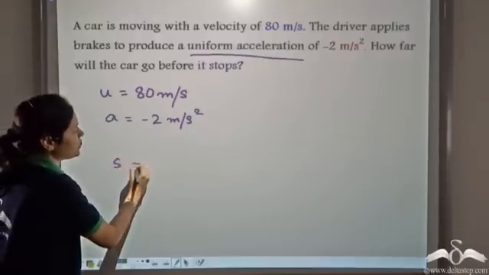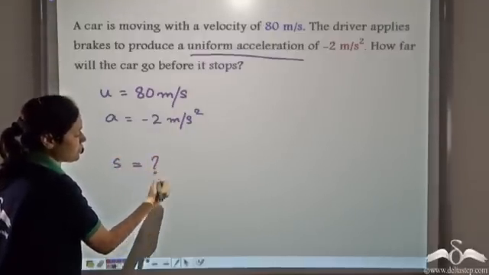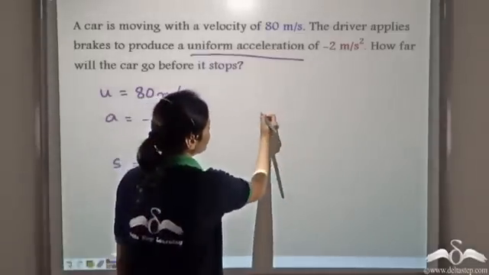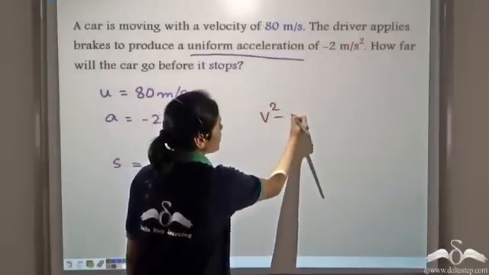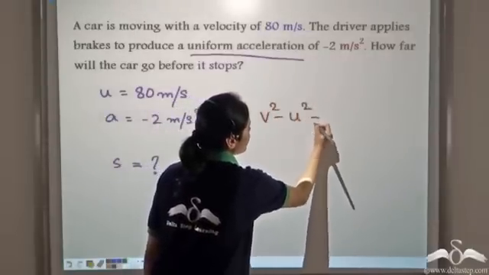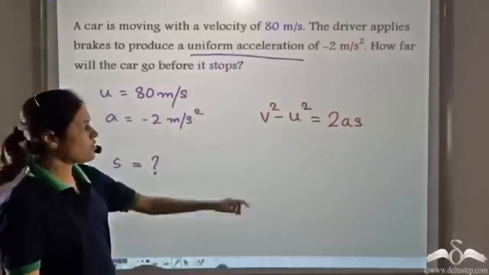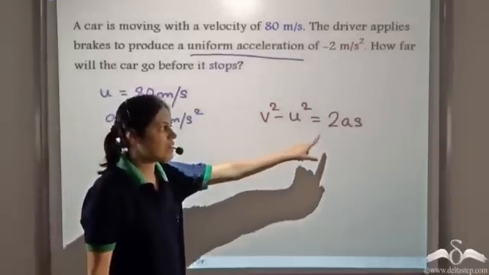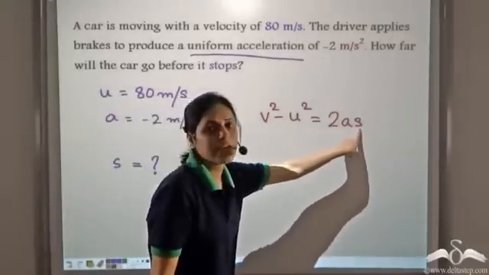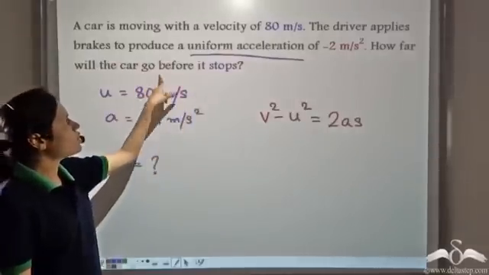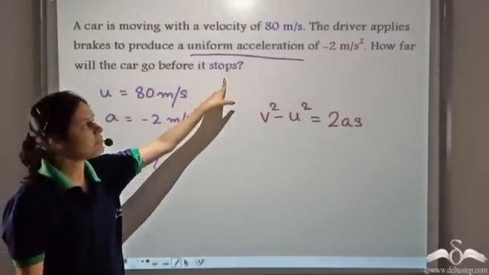So, we need to find the displacement. What is the third equation of motion? It says V square minus U square is equal to 2AS. So we have U here, we have A here, we need to find S. What about V? V is not given anywhere in the question.